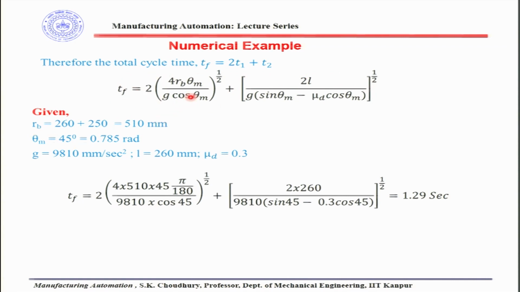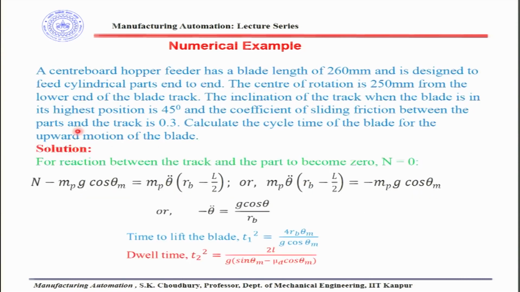Now, here we put R_B equal to 260 plus 250, because going back, the center board hopper feeder has a blade length of 260, and from the lower point of the blade up to the pivot is 250. So, the entire R_B will be 250 plus 260.